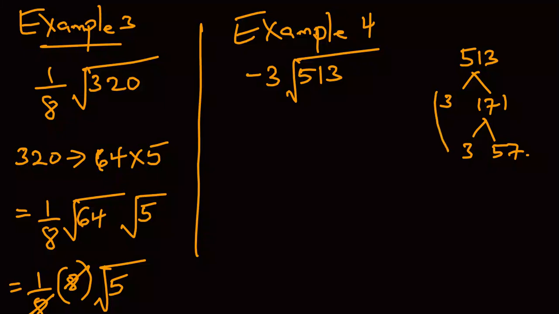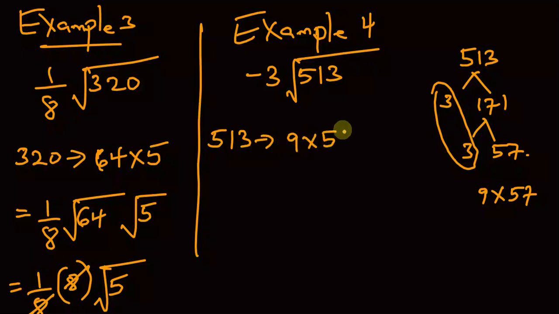The two numbers can be 3 times 3, which is 9, then times 57. Then we have our perfect square there, which is 9. So we are going to use that. To get 513, we will use 9 times 57.